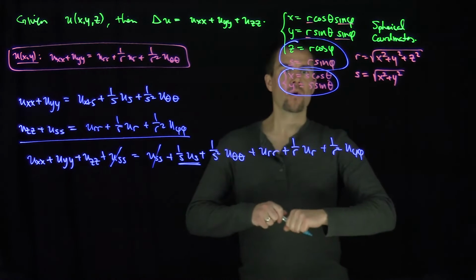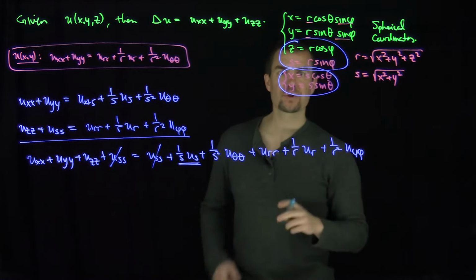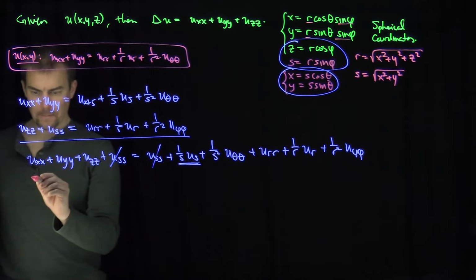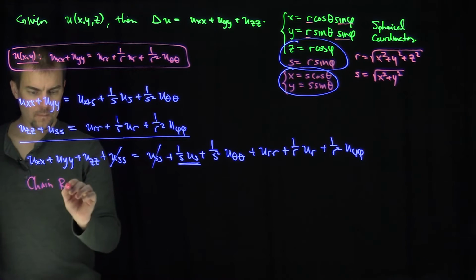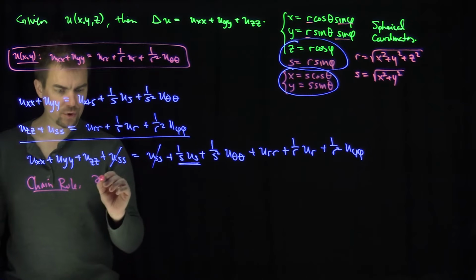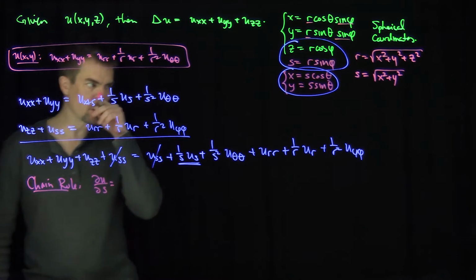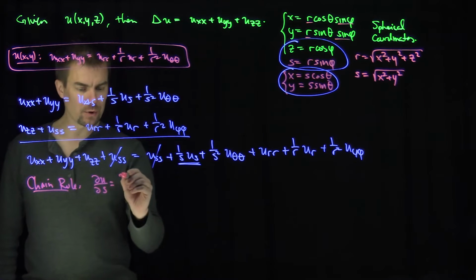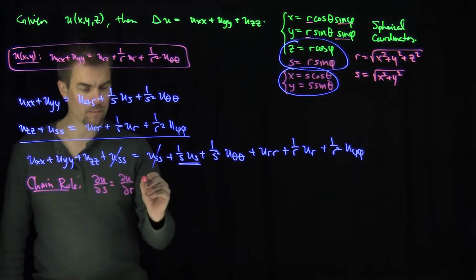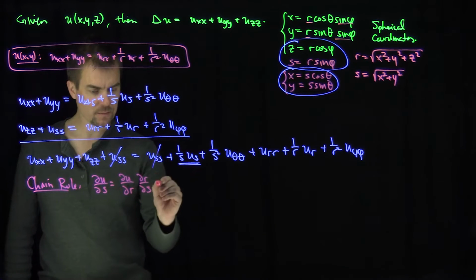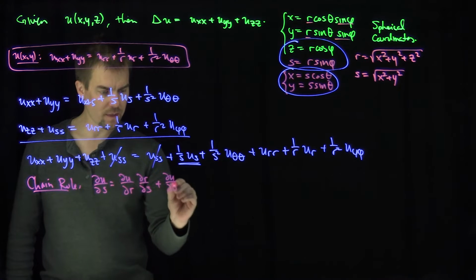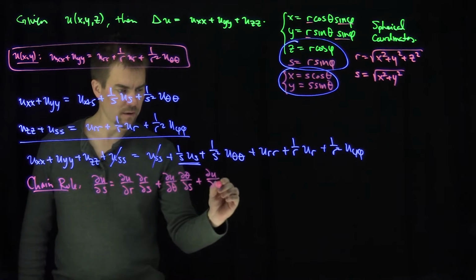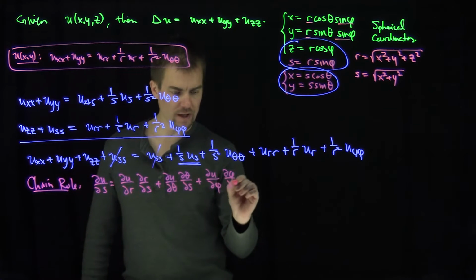And so what does s depend on? Well, s is a function of r and phi and theta. So let's do the chain rule. By the chain rule, partial u, partial s is partial u, partial r, partial r, partial s, plus partial u, partial theta, partial theta, partial s, plus partial u, partial phi, partial phi, partial s.